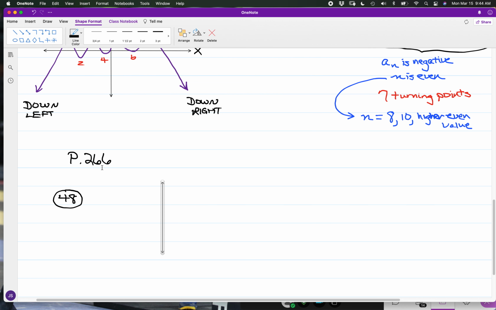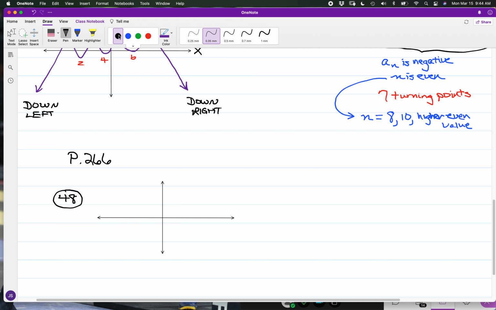Okay, what we have with the polynomial function, and here we have locations of zeros, and we have the graph.